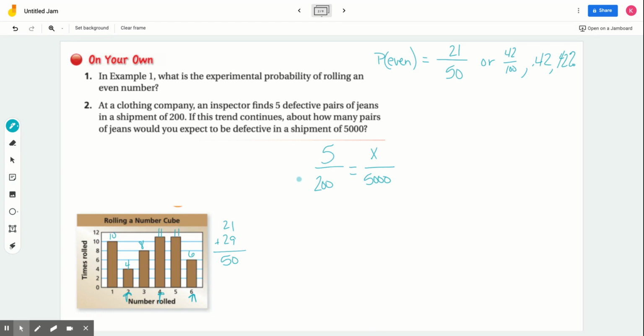So we can use a proportion, and then those cross products are a butterfly method to solve. So 200 times x, 5 times 5,000, and then use those inverse operations to get the variable by itself. So x would equal 125 defective pairs of jeans.